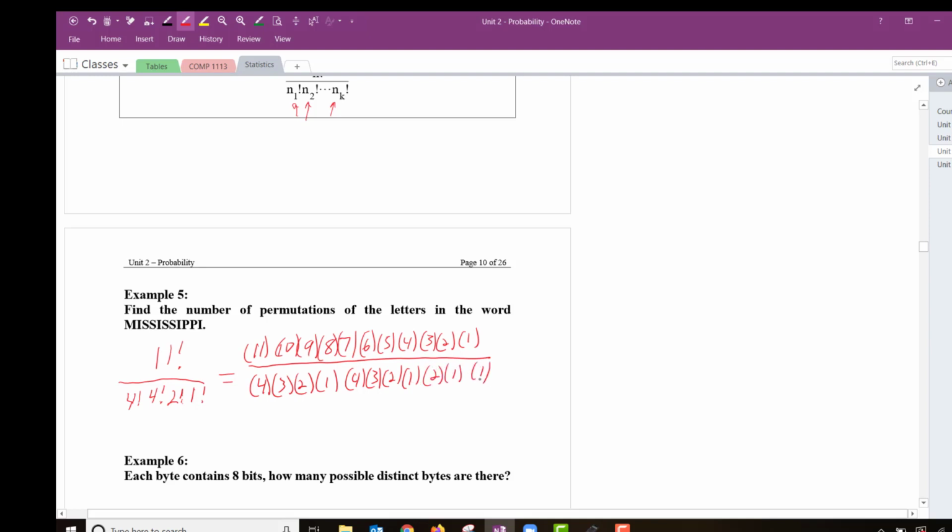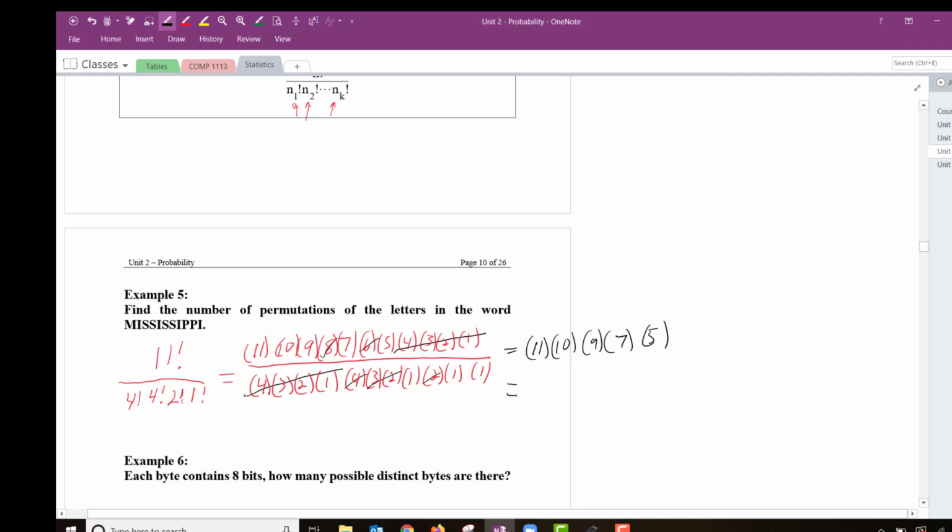And you'll see that the calculation here isn't too bad to do, as a lot of stuff cancels. 4, 3, 2, 1 cancels 4, 3, 2, 1. This 3 and this 2 cancel with this 6. Maybe this 4 and this 2 cancel with the 8. And then I just have to multiply what's left. It's 11 times 10 times 9 times 7 times 5.